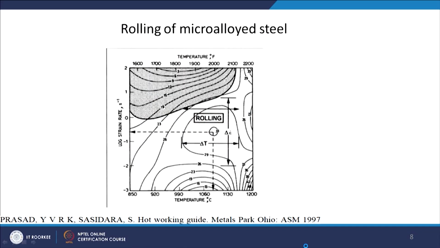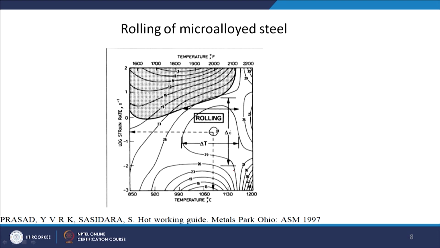That is now established, so I do not have to keep looking at that again and again. Now I can use the processing map for other purposes, to see how I can apply it in actual application. For example, if you are trying rolling of a microalloyed steel, you can construct a processing map first.